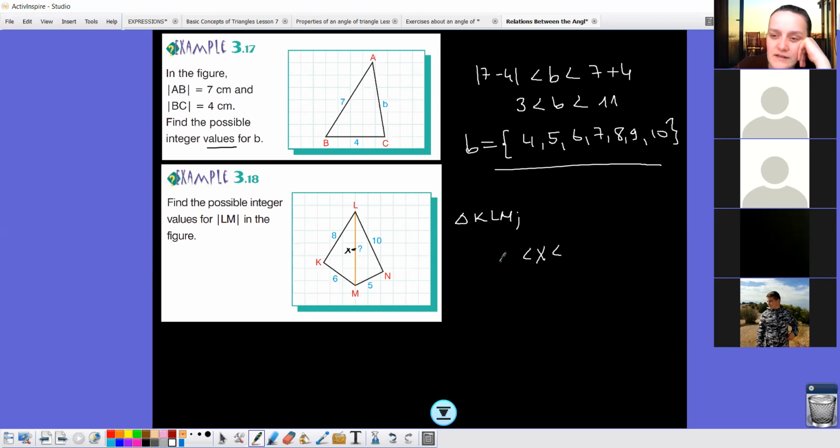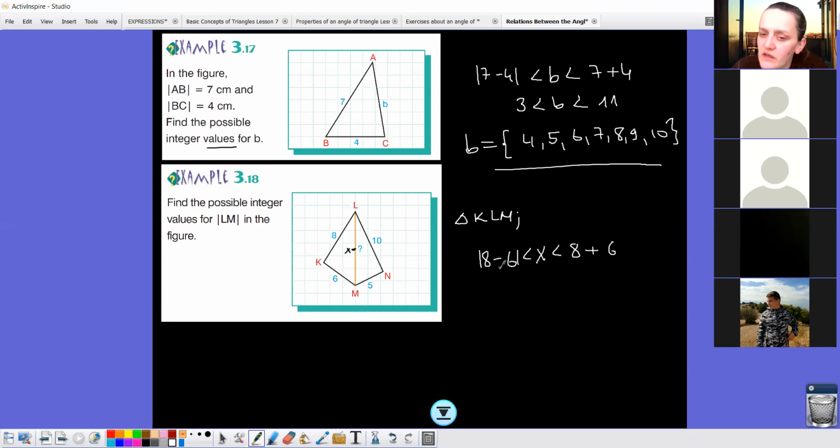You can write directly the sides, like the difference and the sum. 8 minus 6. No, here we have 8 plus 6. Yes.